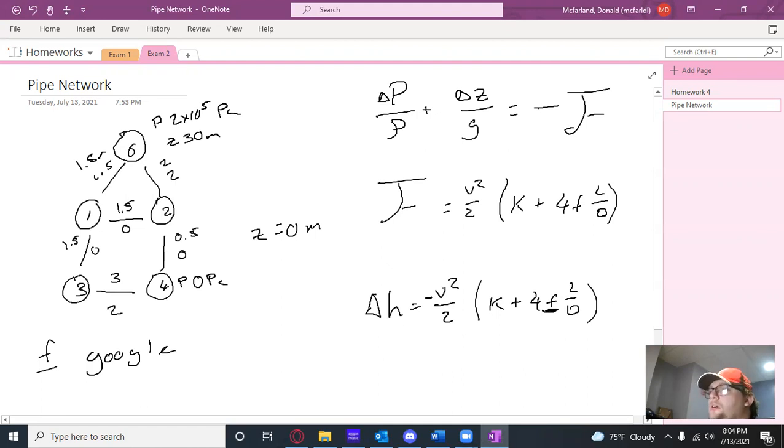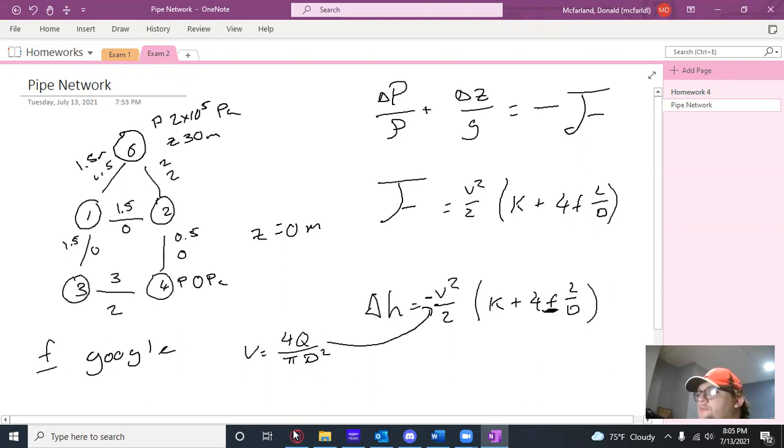Although it might be easier to substitute the velocity out to give us flow rate, because if you remember, velocity equals 4 times the flow rate over pi d squared for a circular pipe. So if we plug this in, we can input flow rate because the rest of these are constants.